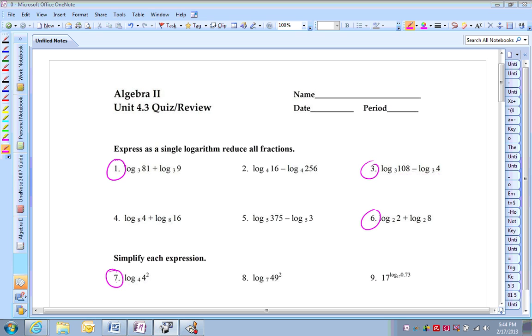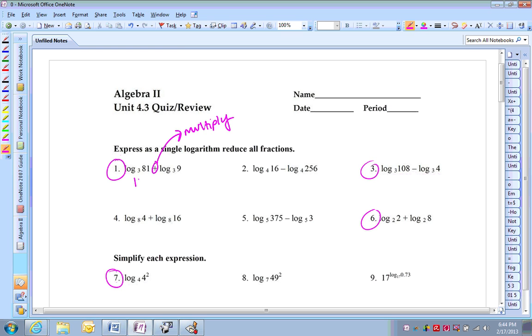On the first section, they ask you to express as a single logarithm and to reduce all fractions. So on problem 1, we're adding log base 3 of 81 plus log base 3 of 9. And since we're adding these two logarithms with the same base, we're going to multiply.